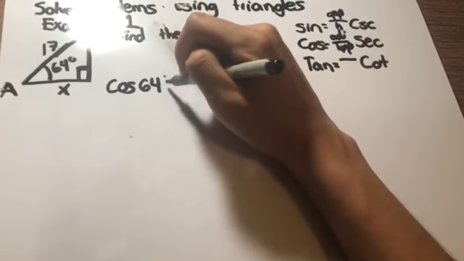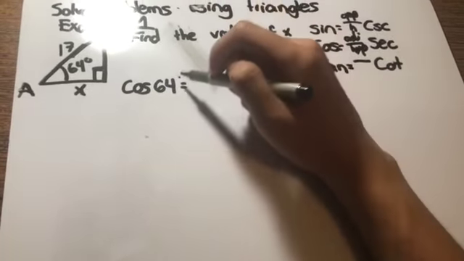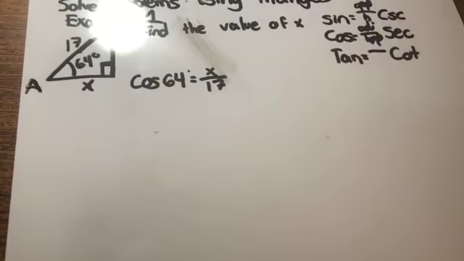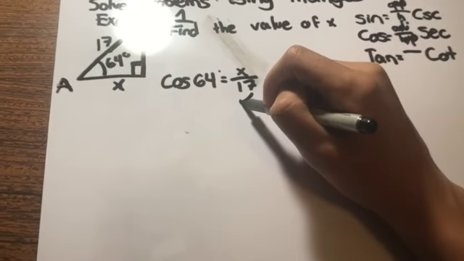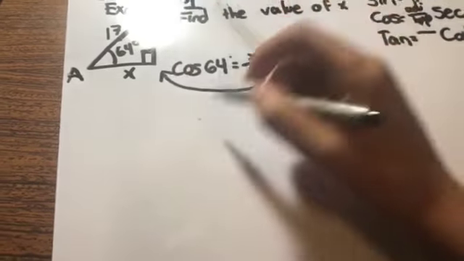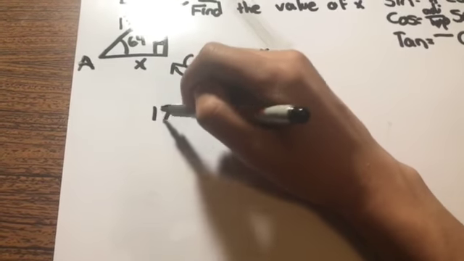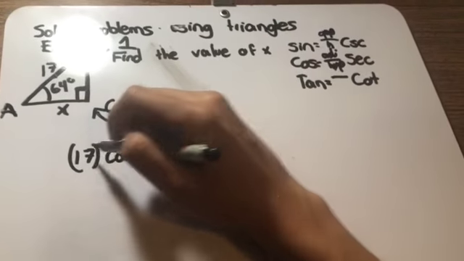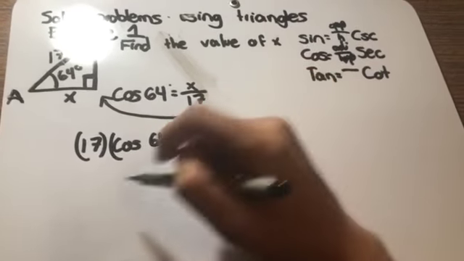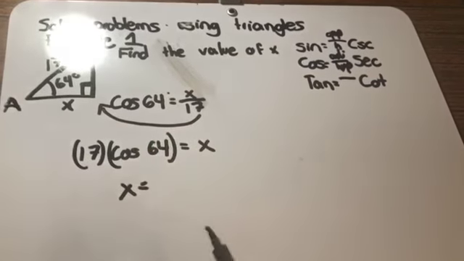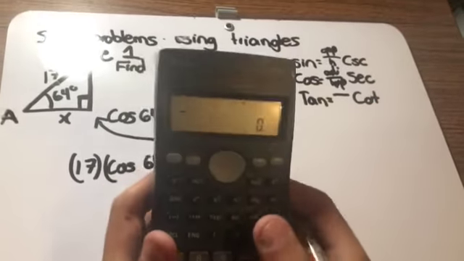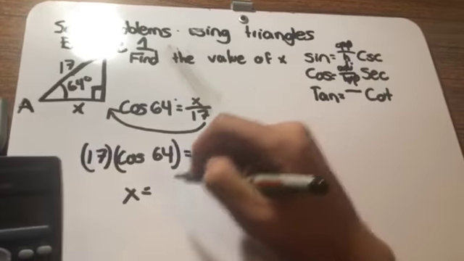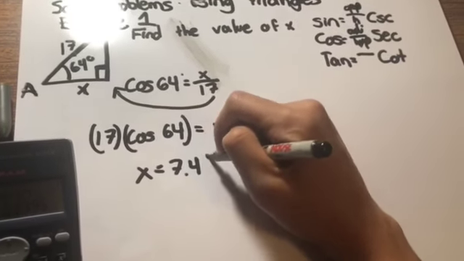So cosine 64 equals its adjacent, x divided by 17. So the next step is that we need to move 17 right here, so it can go multiplying: 17 times cosine 64 equals x. X equals, and if we grab our calculators, we can get cosine 64 times 17 is 7.45.